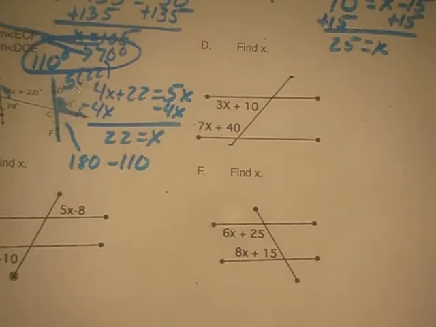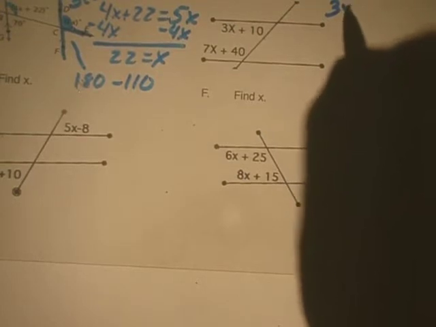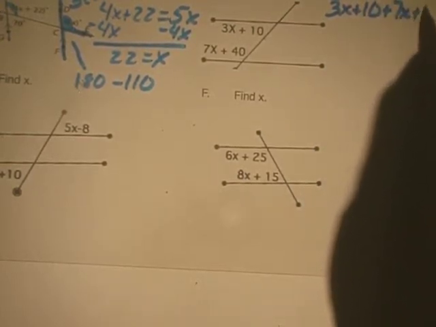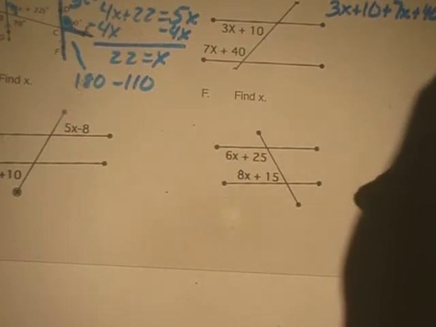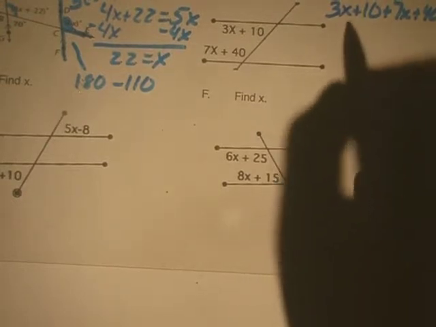Example D is different. These angles are not congruent. One angle is obtuse, one angle is acute, and these angles are supplementary, or they add to 180. So 3x plus 10 plus 7x plus 40 equals 180. Same side interior angles are supplementary.